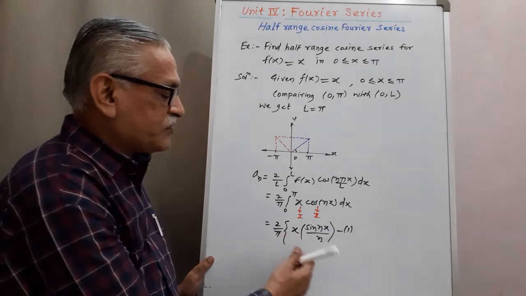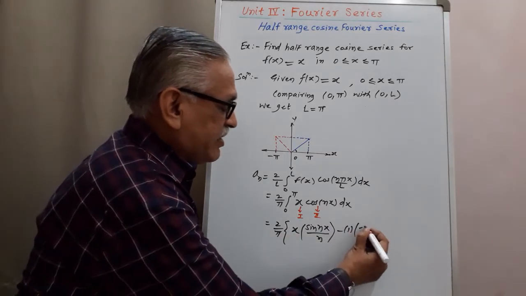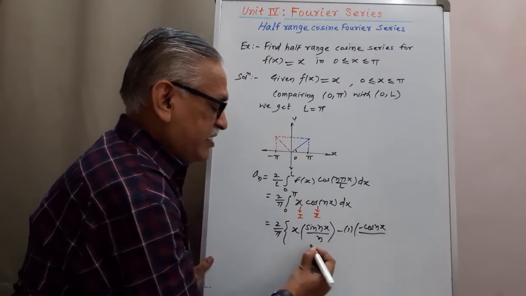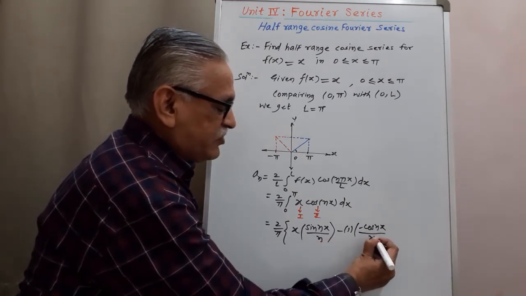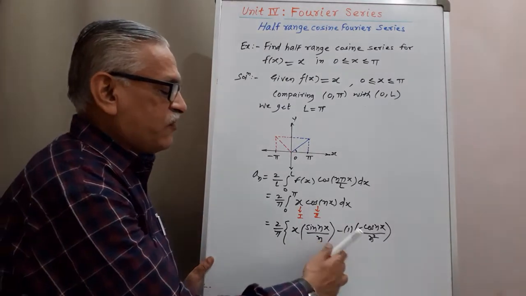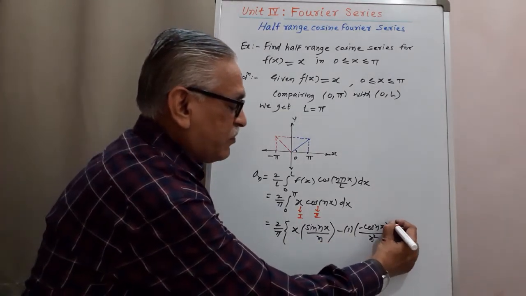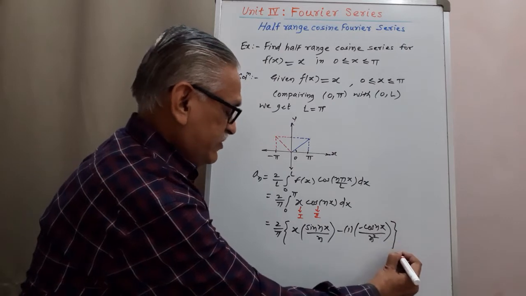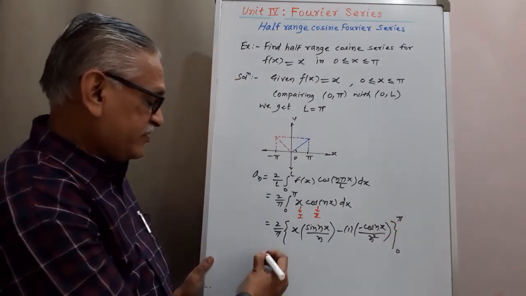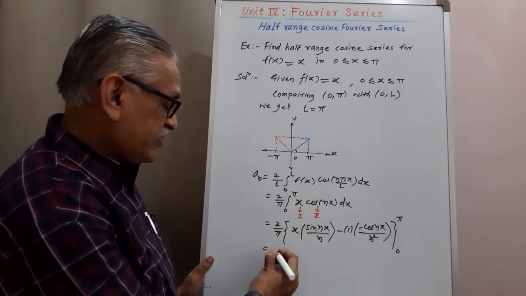Next integration of sine is minus cos nx divided by n, and this n becomes n square. Plus, next derivative of 1 is 0. We stop here, and limits from 0 to pi. We get, therefore, 2 by pi.